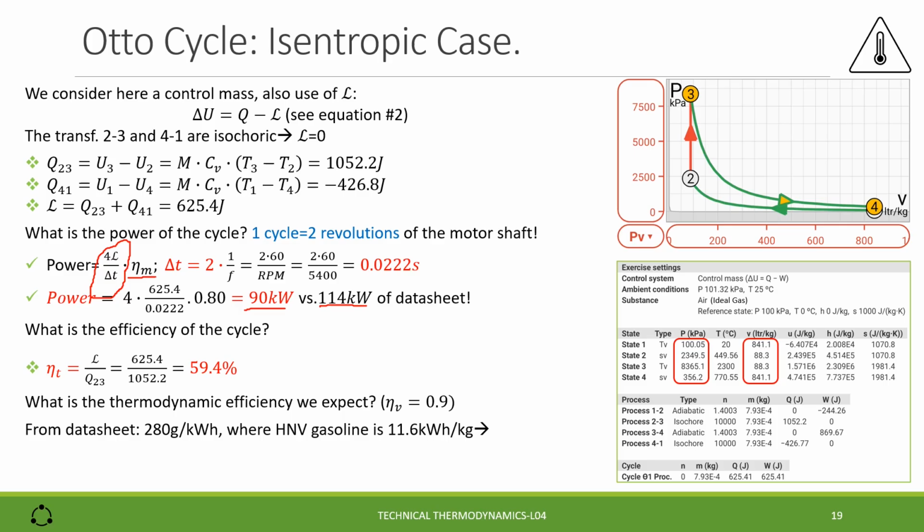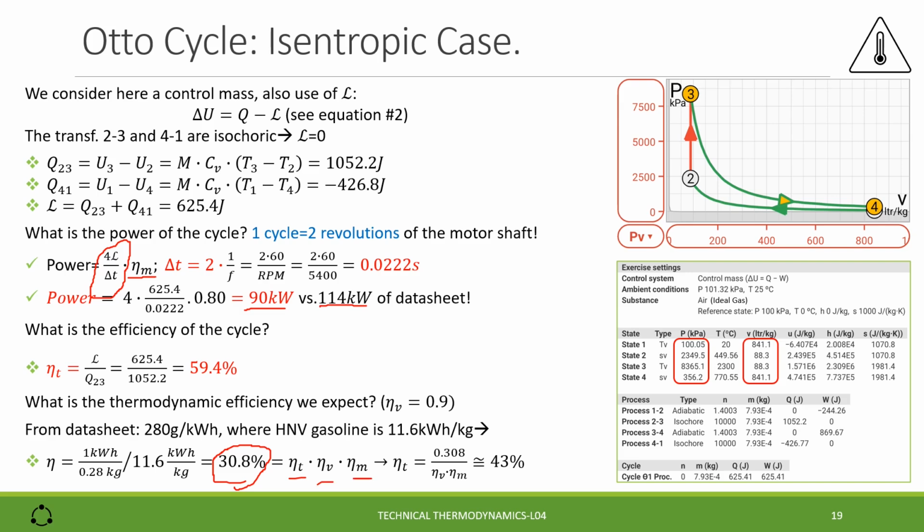And considering that the heat net value of the gasoline is 11.6 kilowatt-hour per kilogram, we can express the efficiency in this form: 1 divided by 0.28 kilogram divided by 11.6 kilowatt-hour per kilogram, and we obtain 30.8%. But this is the total efficiency, also the product of the thermodynamic, the volumetric, and the mechanical efficiency.